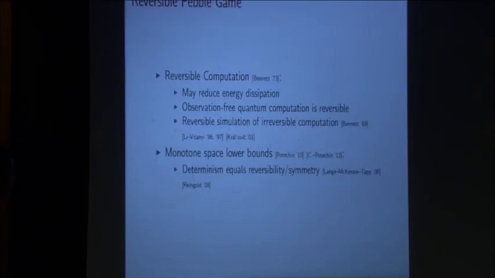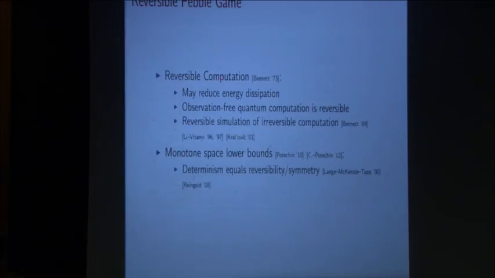For example, Reingold proves that deterministic logarithmic space equals symmetric logarithmic space. In other words, if you are given an undirected graph, then to determine if one node is connected to another node, it takes only logarithmic space. That's the result of Reingold. If you interpret that, it's saying that determinism equals symmetric logarithmic space. So that's one reason we study the reversible Pebble game.